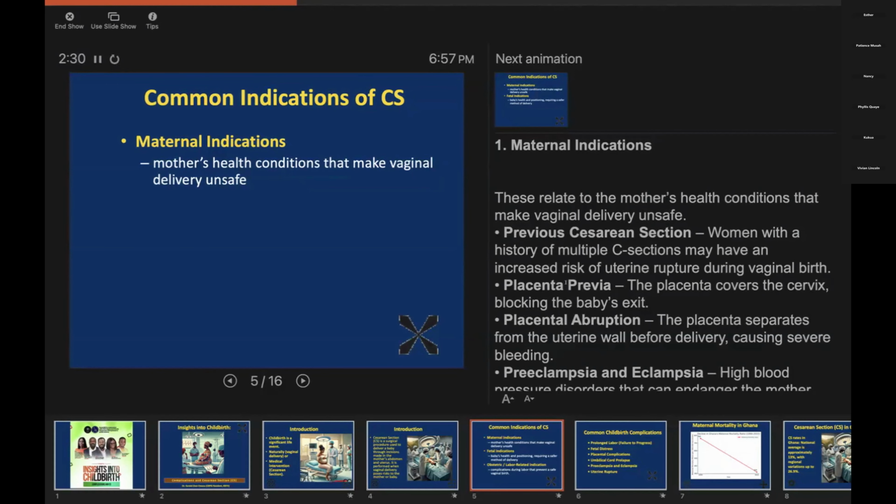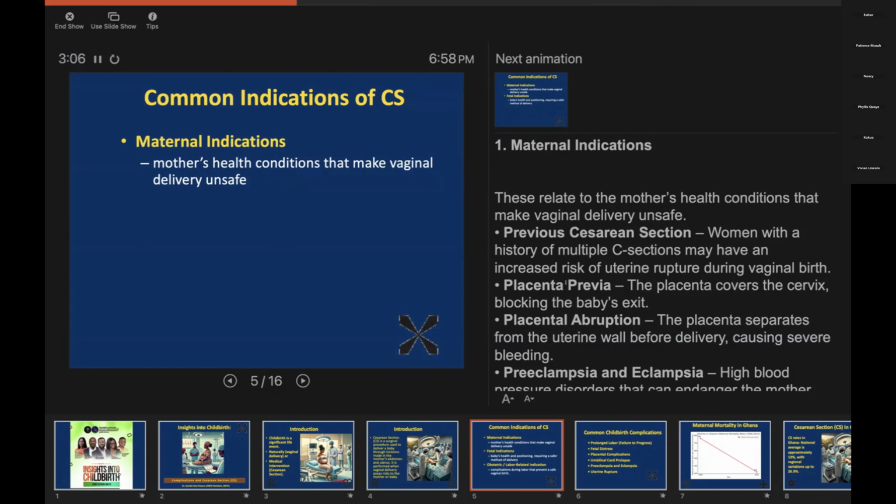Some of these reasons are, one, because of what Enoch said, the previous cesarean section: a pregnant woman who had already delivered through a cesarean section in a previous pregnancy. For such pregnant women, the weight of the baby at the time of delivery will inform the medical professionals as to whether the mother can deliver safely or not.